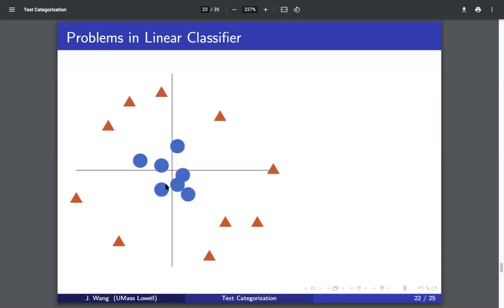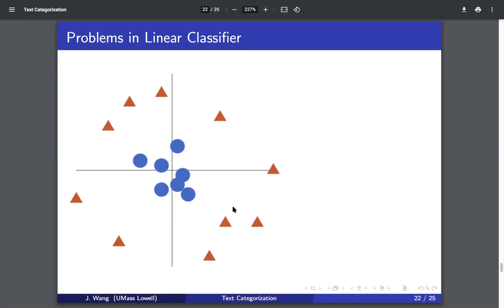As you can see, no matter how you try to find a line to separate them, you are not going to be successful. Meaning the minimization, or the maximization dual, has no solution, because there is no such thing you can do.